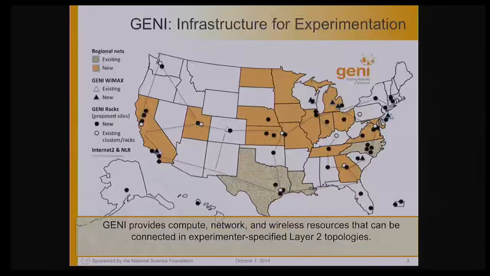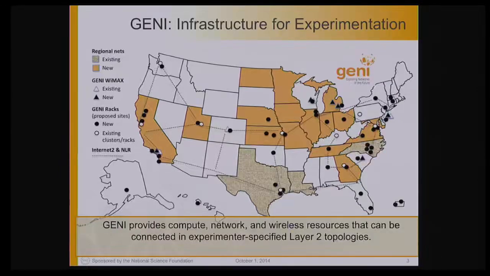This is a picture of how GENI looked when we started a few years ago. The resources that were contributed were open flow switches, servers that could run virtual nodes, virtual machines, regional networks, basically the states that you see colored in, were providing access over pieces of their infrastructure.